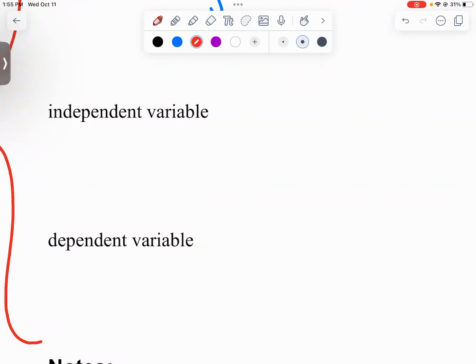Now, our independent variable is basically our inputs. Okay. Our dependent variable depends on the independent variable. So this is our output.